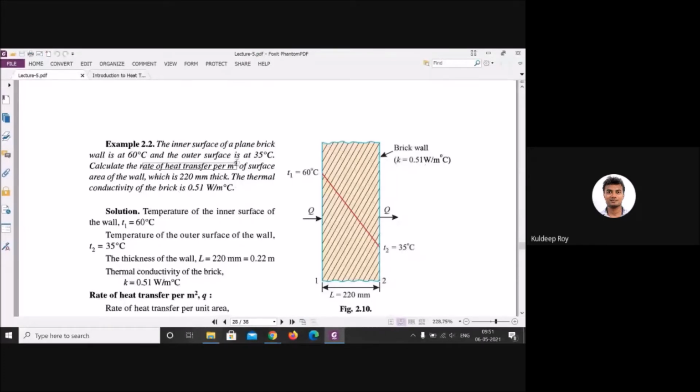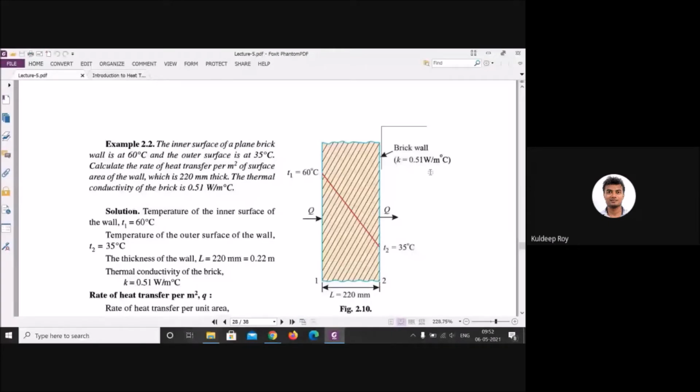Just calculate the heat transfer per unit area. Tell how you will solve it. First read the question thoroughly, then approach. What values are known to you? You know the temperature T1, you know the temperature T2, you know the thickness or length, and you know the thermal conductivity of the brick wall.